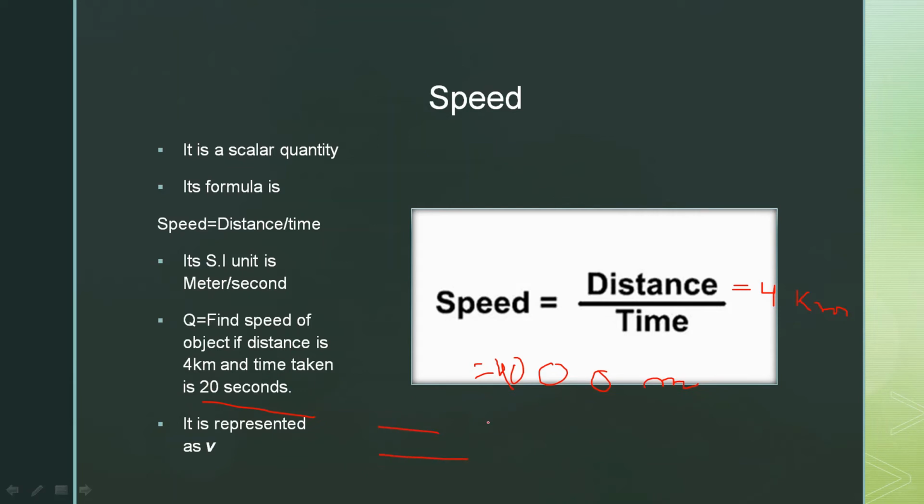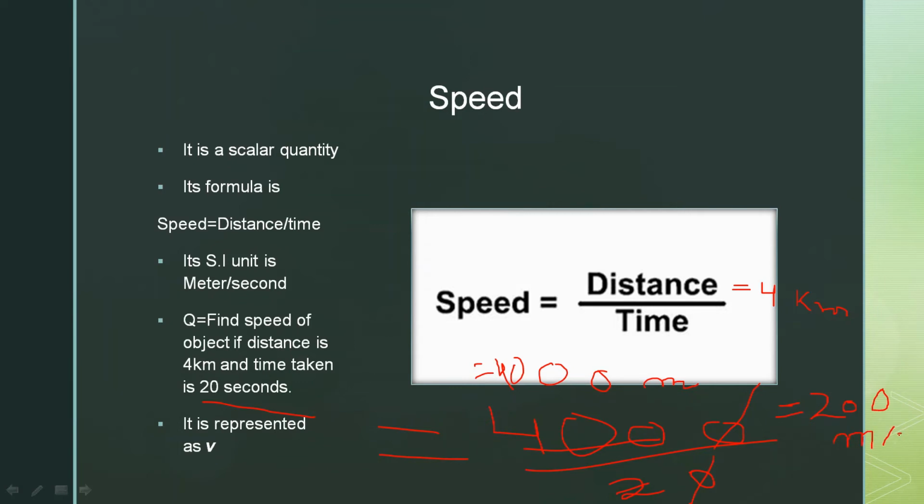Simply here speed will be 4000 by 20 meter per second. So here we will cut this 0 with this 0 and 2, so it will become 200 meter per second.